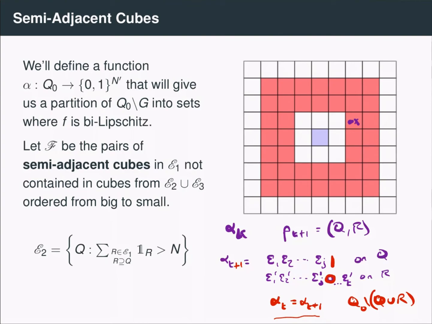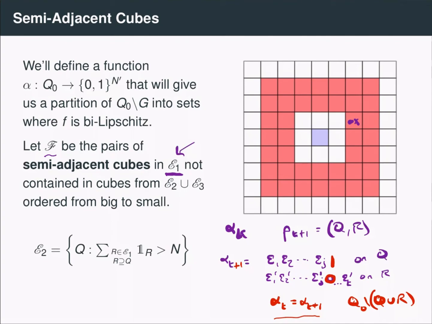And the reason why is because we only change the value of alpha at a point x whenever x is contained inside a cube from E1 as part of a pair from curly f, which means that the number of times that we change the value at x is going to depend on the number of cubes from E1 that contain x.